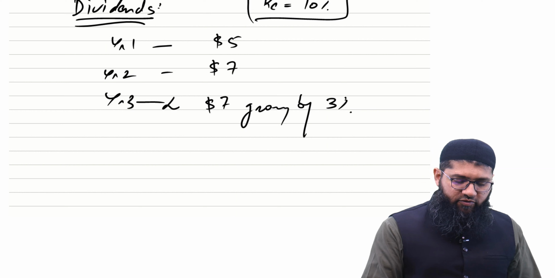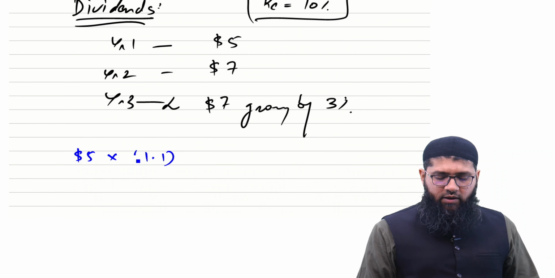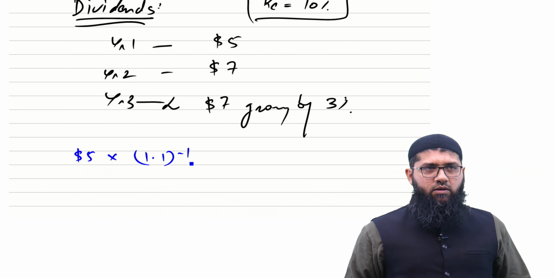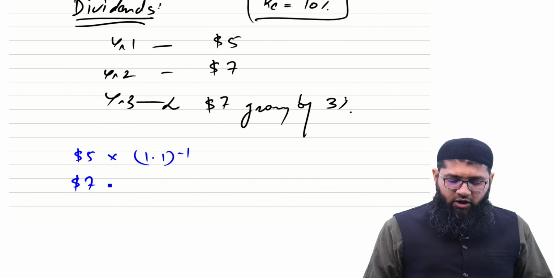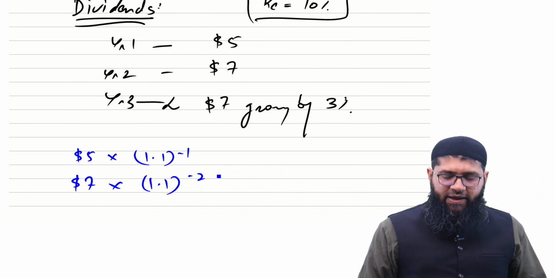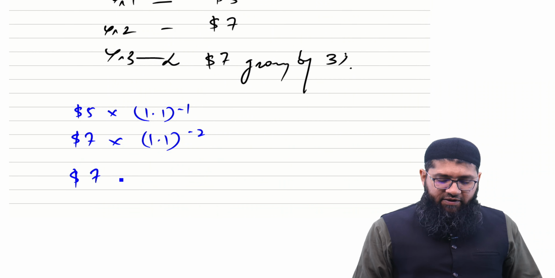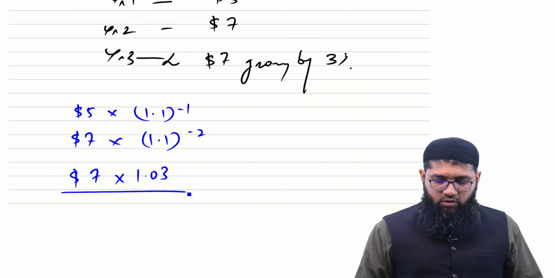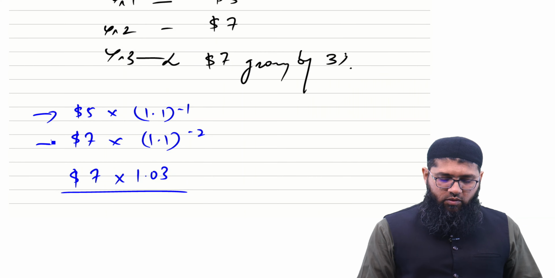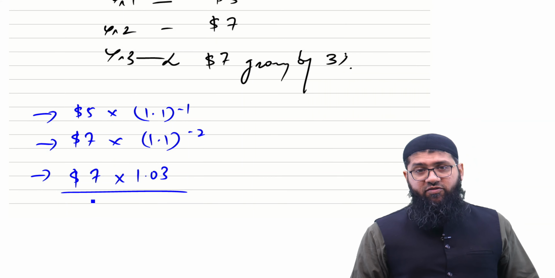Let's just try to see this. You would say $5 multiplied by 1.1 to the power minus 1. Then you would have $7 multiplied by 1.1 to the power minus 2. And then $7 multiplied by 1.03 divided by KE minus G. What's the KE?